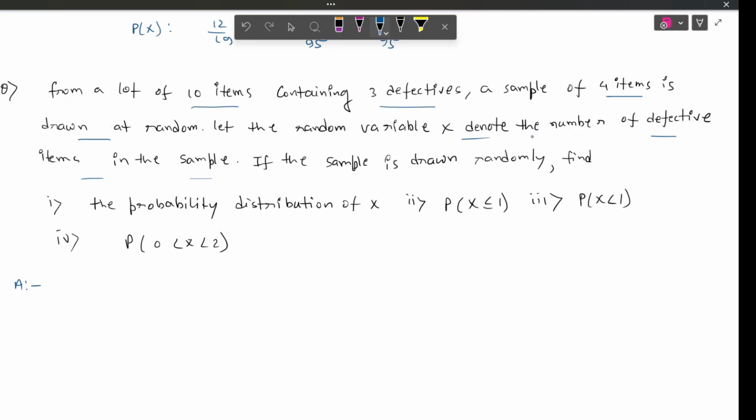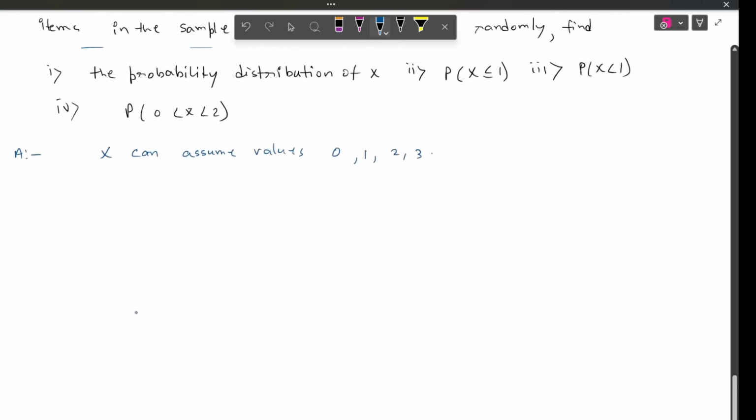There are 3 defective items and you have drawn 4 items. So X can assume values 0 defective item, 1 defective item, 2 defective items, and 3 defective items. So let us see one by one.